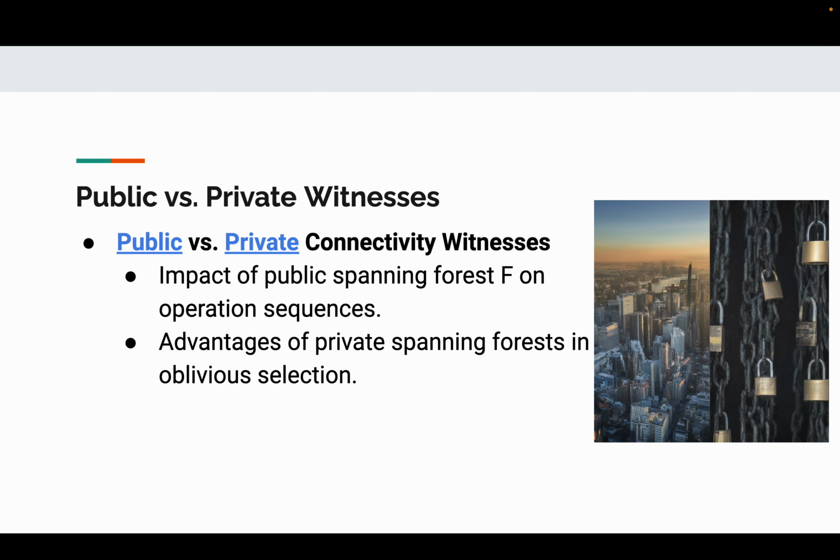The nature of a spanning forest, whether public or private, significantly influences the algorithm's behavior. A public forest allows operation sequences to adapt based on the forest structure, while a private forest ensures operation sequences are selected without prior knowledge of the forest state.